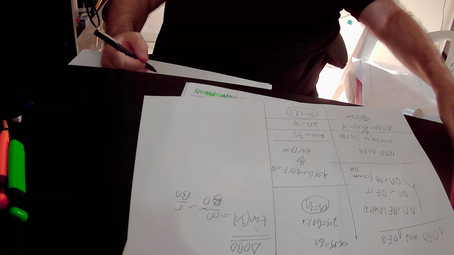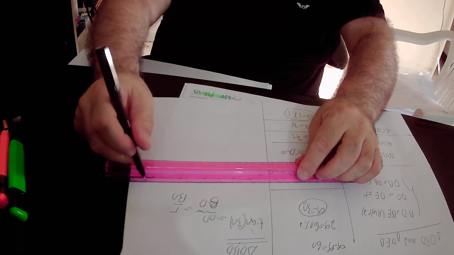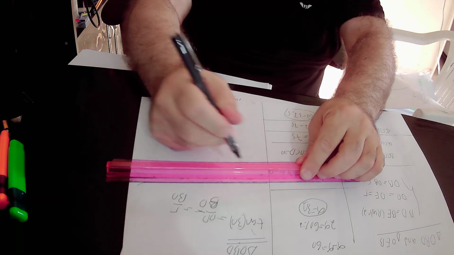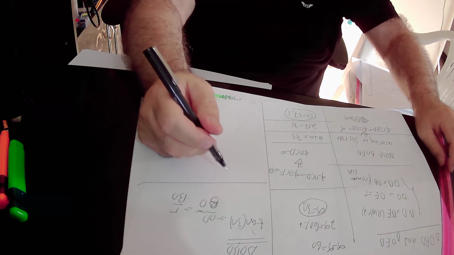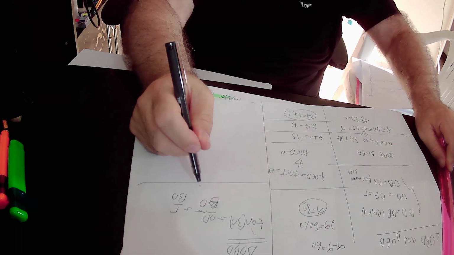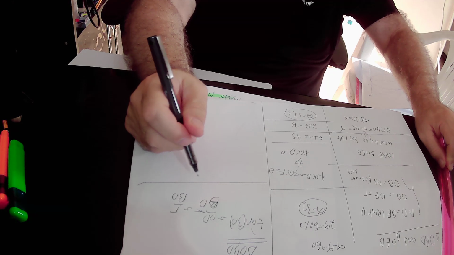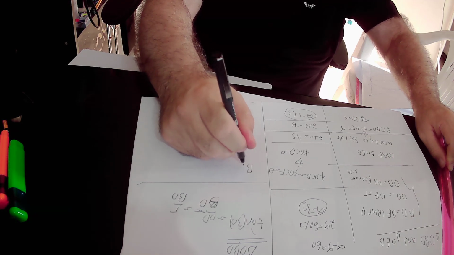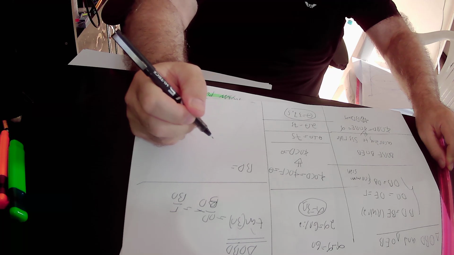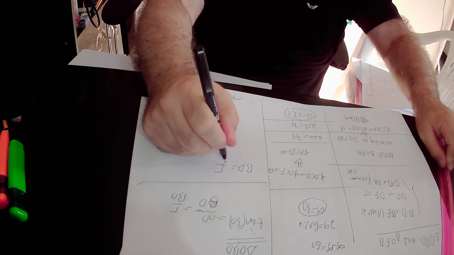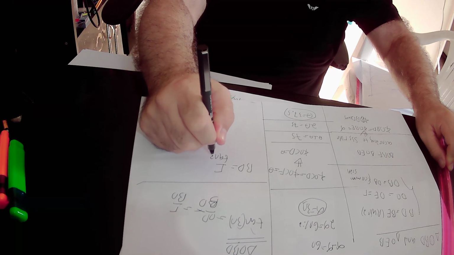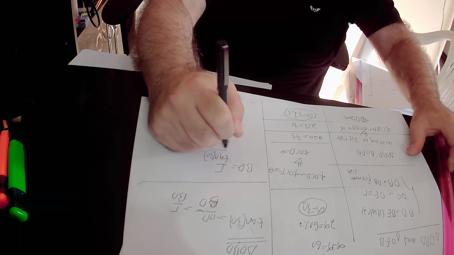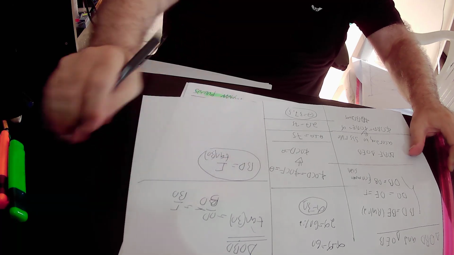So here we multiply tangent 30 degrees by BD, then we divide it by tangent 30 degrees, and we get that BD equals R over tangent 30 degrees. Okay, we found out the value of BD.